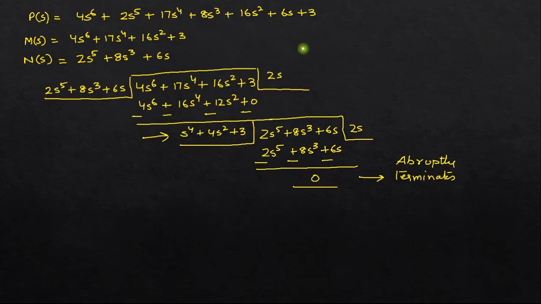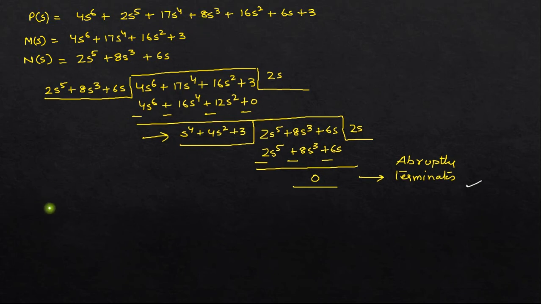If you remember, in the last lecture we performed a numerical with this P(S), which was this polynomial, and the continued fraction expansion of even to odd part terminates abruptly. It means this given factor will be a factor of the given polynomial.